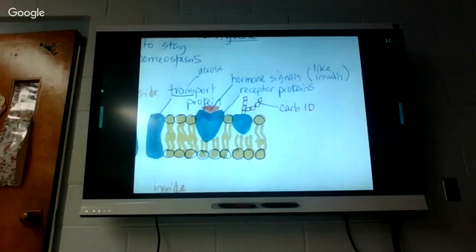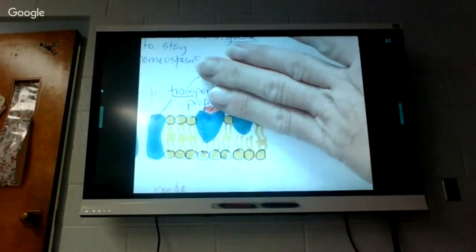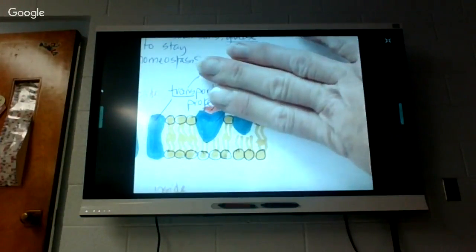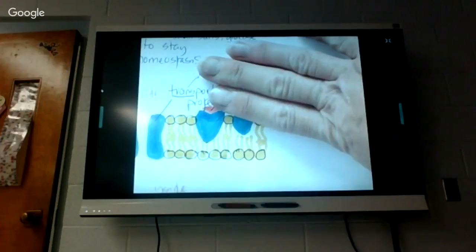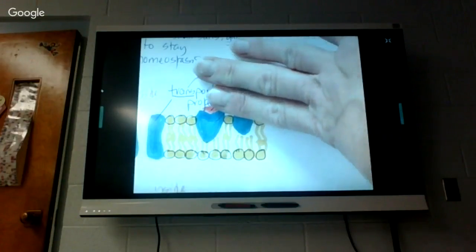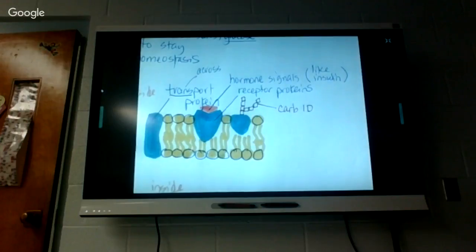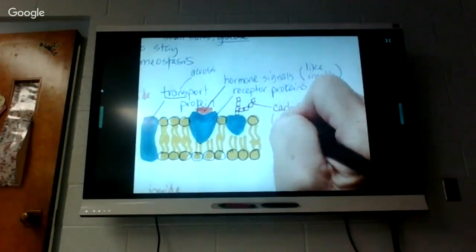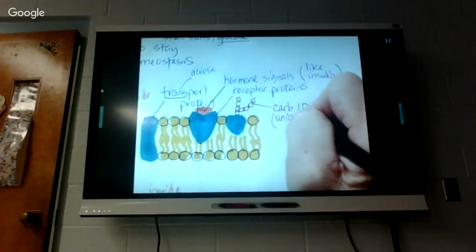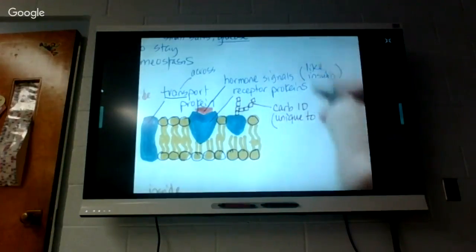It makes your body ignore the ID tags and not reject the organ. But if you don't take that medicine, your body is going to say, oh no, that's not going to work, and you'll reject that organ. So we're going to say it's unique to each person, just like your DNA.